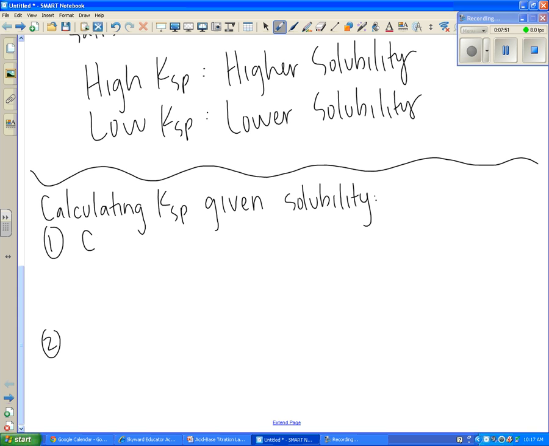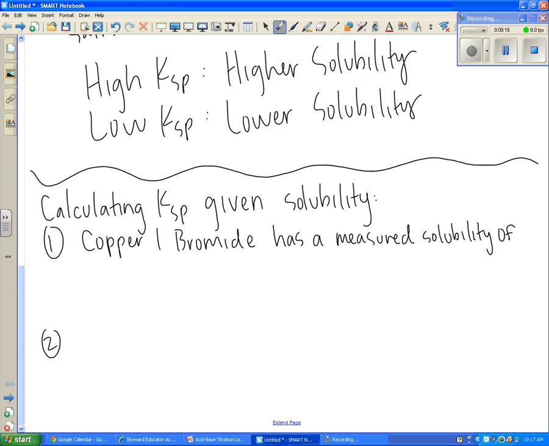The first, copper 1 bromide, has a measured solubility of 2.0 times 10 to the minus 4th molar. And we want to use that to find Ksp.